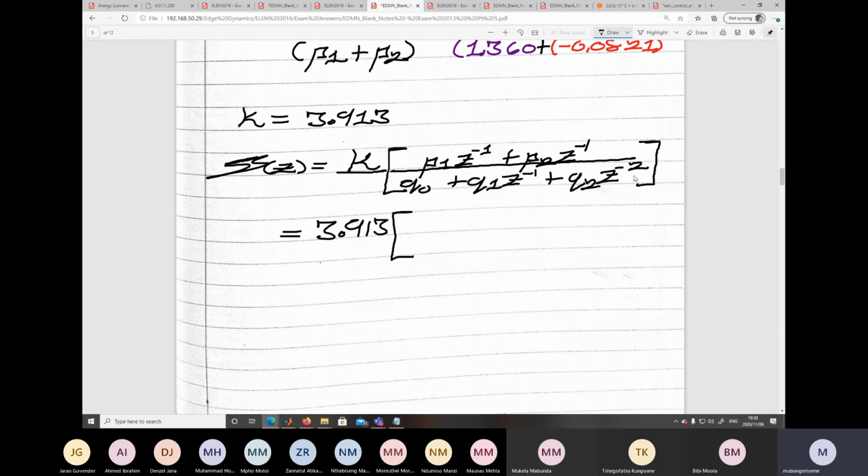Can I just divide through by the Z squared, or do you guys want me to show that step? You can divide by the Z one time. Okay. Thank you. Can somebody tell me what the last coefficient here was? 0.0821. Thank you.